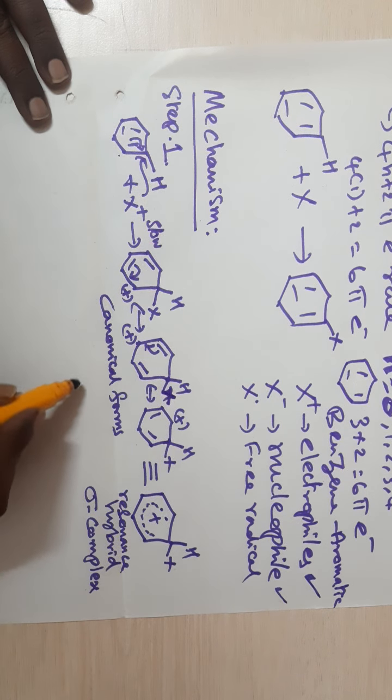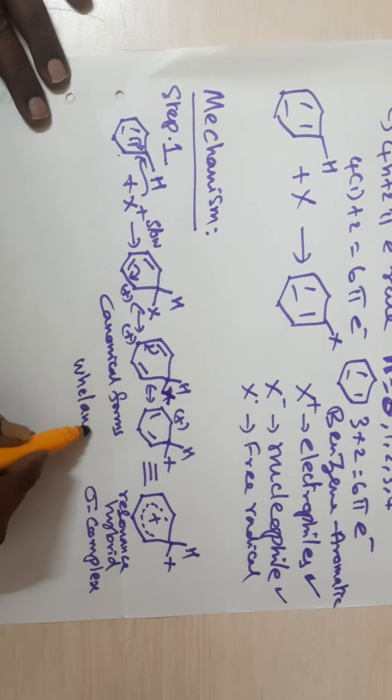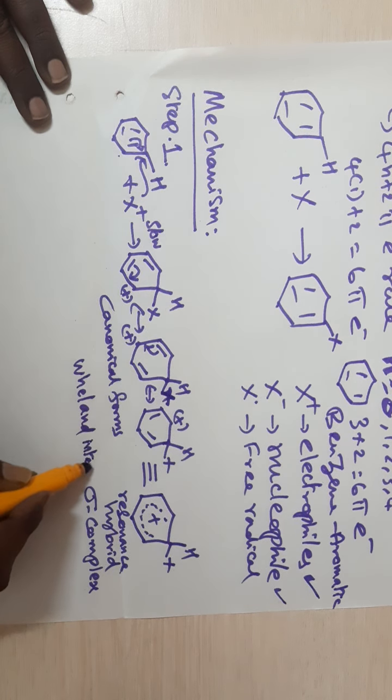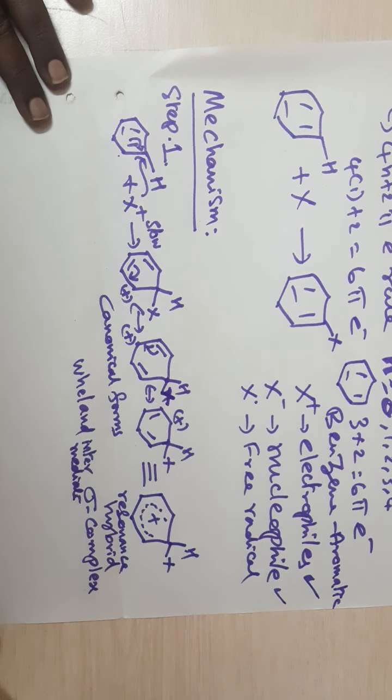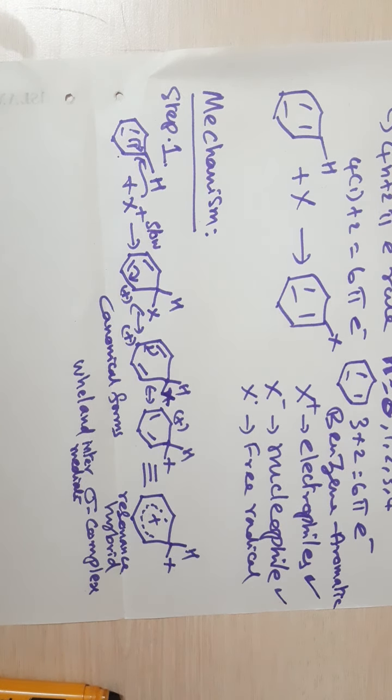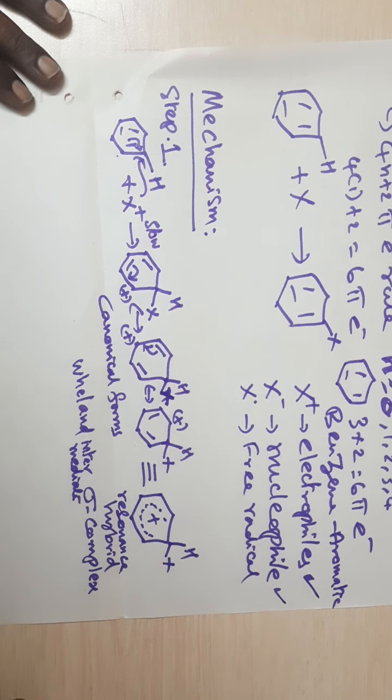It is also called by the name valent intermediate. The valent intermediate is obtained by the formation of a sigma bond between carbon and X plus, the electrophile.